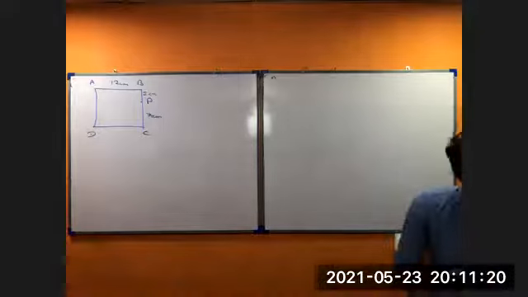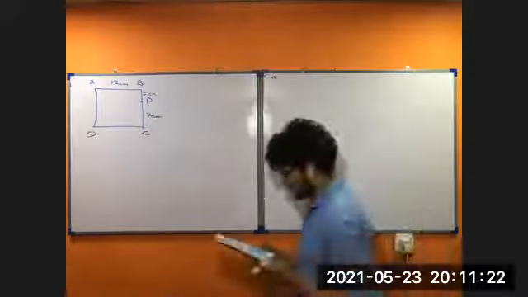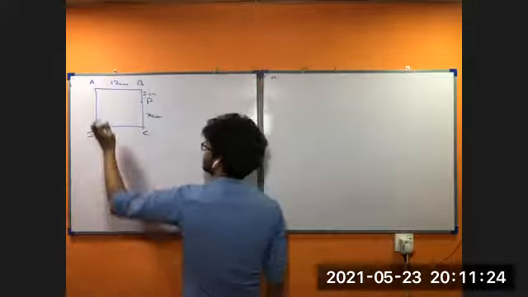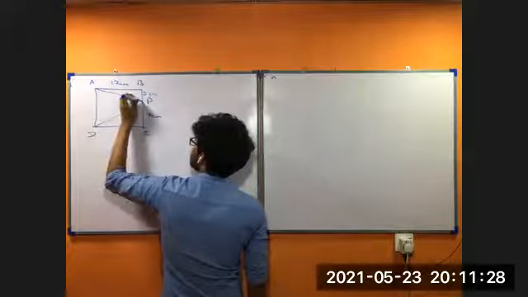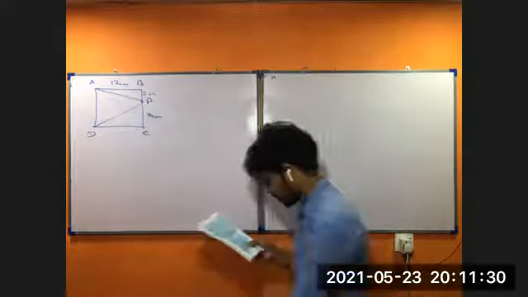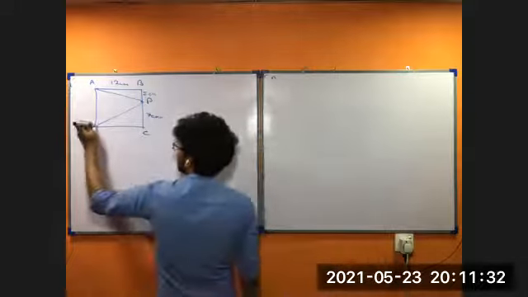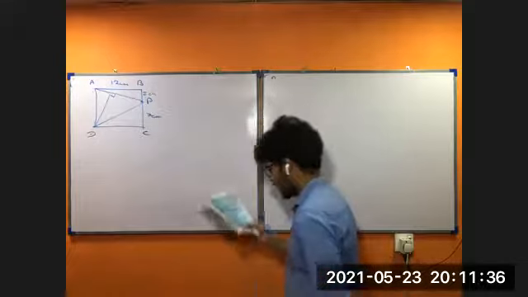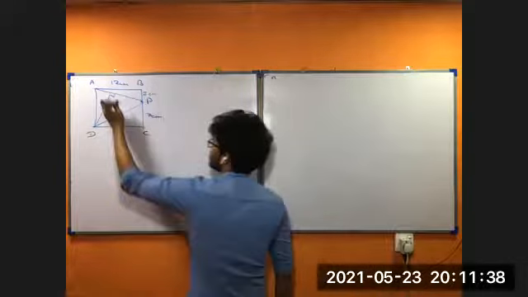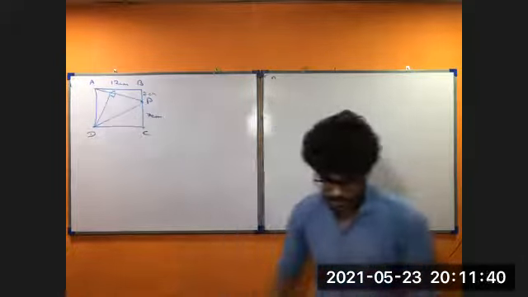Then find the length of DX. We have a triangle like this, and there's a perpendicular drawn from here to here, which is 90 degrees. So you need to find the length of DX. Very simple.